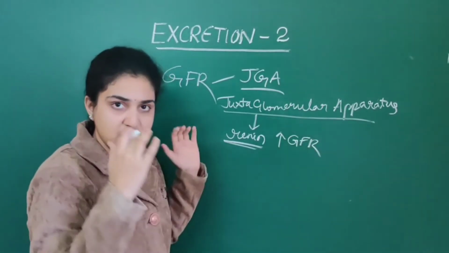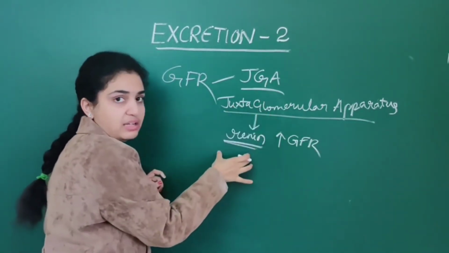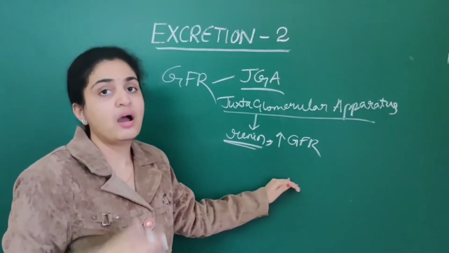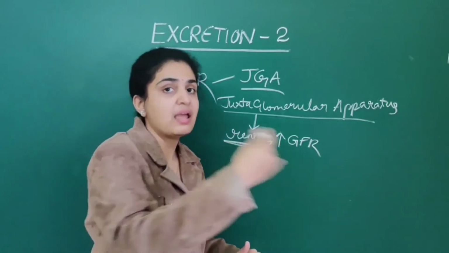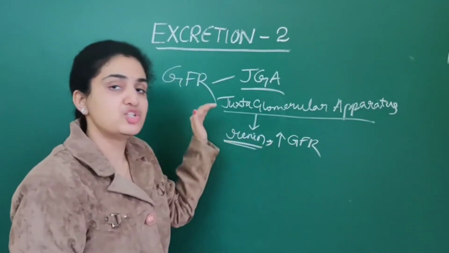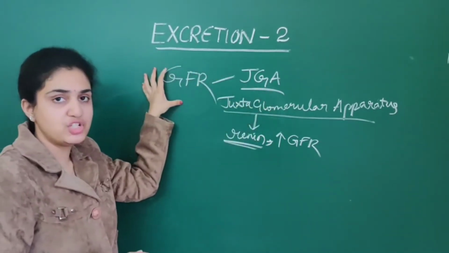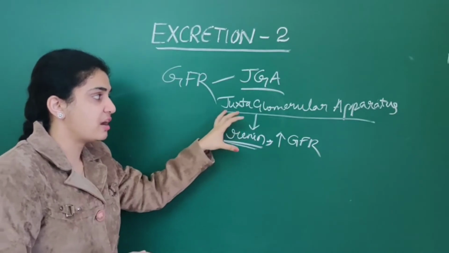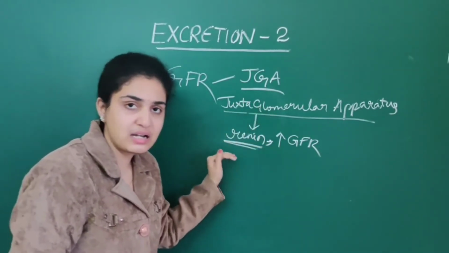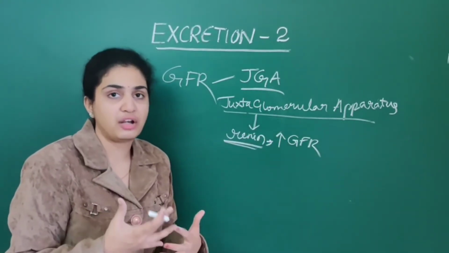When GFR is decreased, the juxtaglomerular apparatus will release renin and in turn increase the GFR. How all this happens, next we are going to see. So just for now remember, juxtaglomerular apparatus helps in regulation of GFR. These JGA cells release renin and increase the glomerular filtration rate.